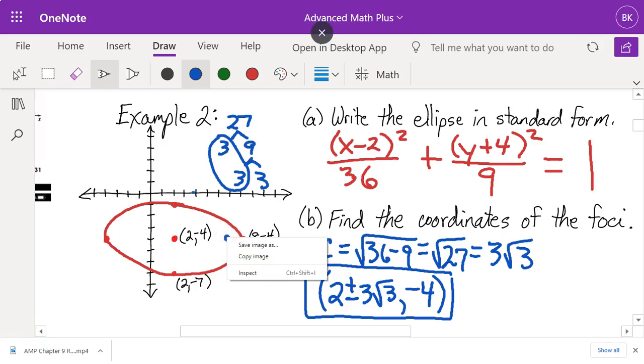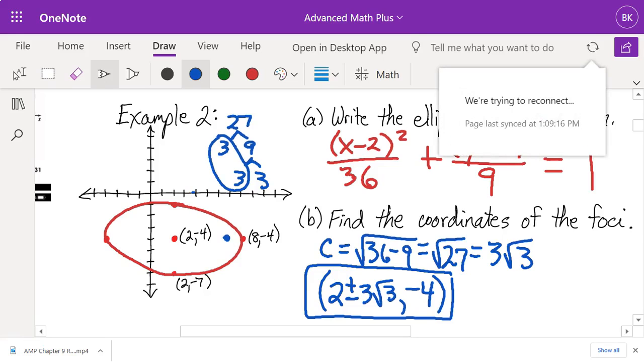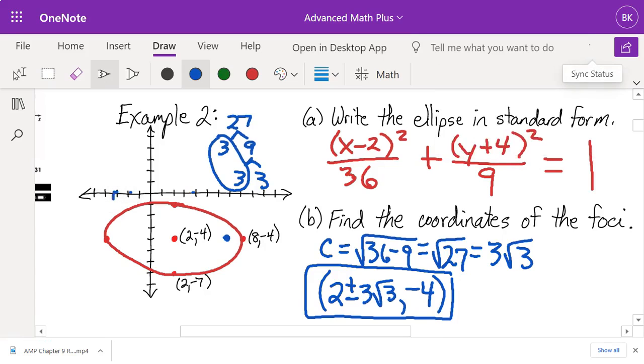That would be 7.19, negative 4, right? What is 2 minus 3 square root of 3? Negative 3.19. 1, 2, 3, down about right there. Does that look about right? Yes. Any questions on how we did that? Easy enough? Okay.